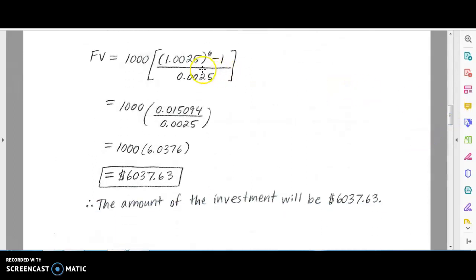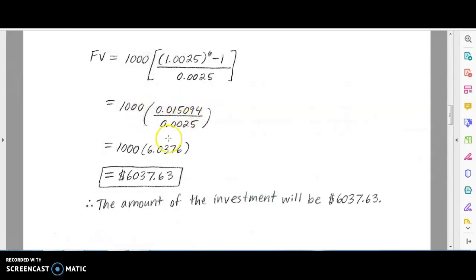Just make sure you're doing everything in the correct order. So following BEDMAS rules, we look inside our bracket. First thing we would do is do this 1.0025 to the power of 6. Take that value, whatever that is, and subtract 1, and that tells us the numerator here is 0.015094. Then again, using BEDMAS, do the bracket first.